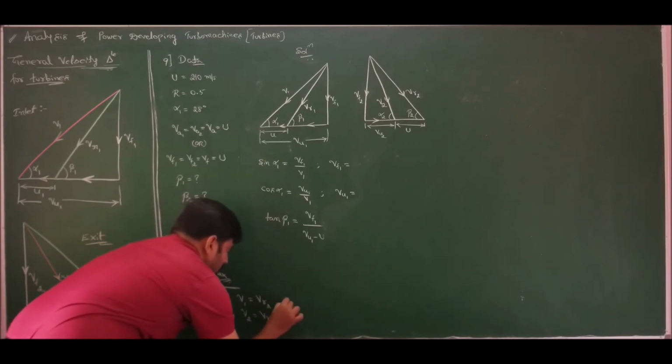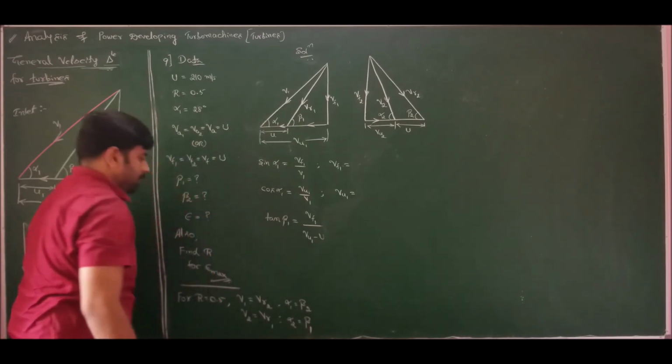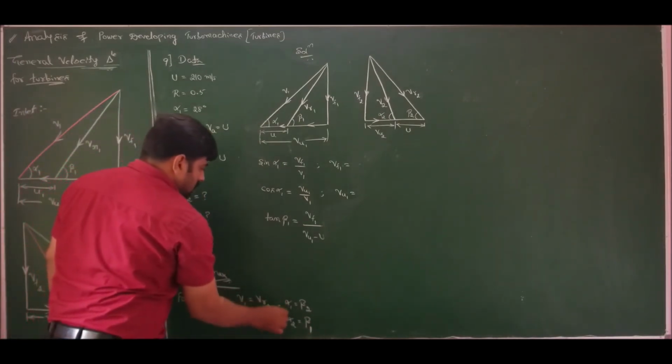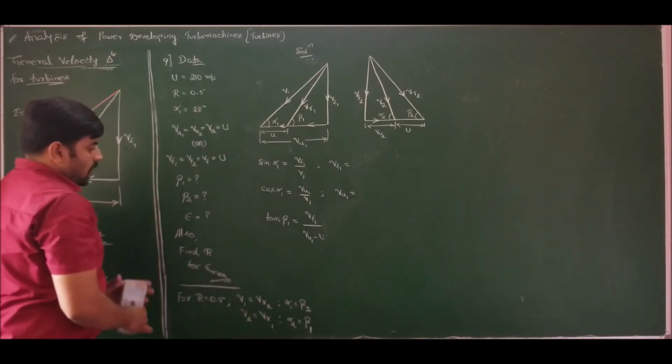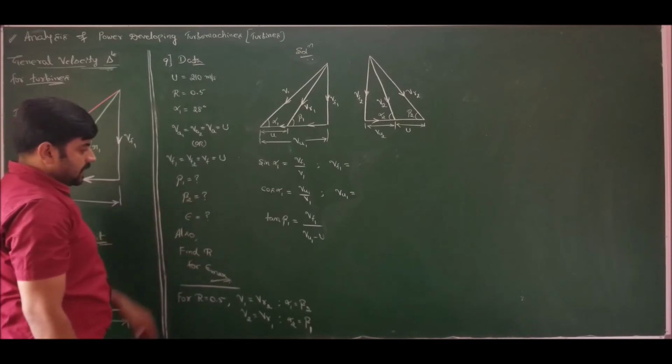Correspondingly, alpha 1 should be equal to beta 2 and alpha 2 should be equal to beta 1. So this is the condition for R equal to 50%. Use this condition. No alteration is specified for the general velocity triangle, so I retain the general velocity triangle. Let us calculate the values.